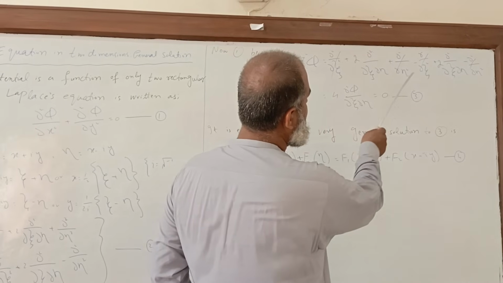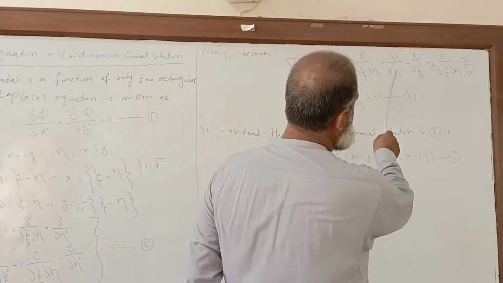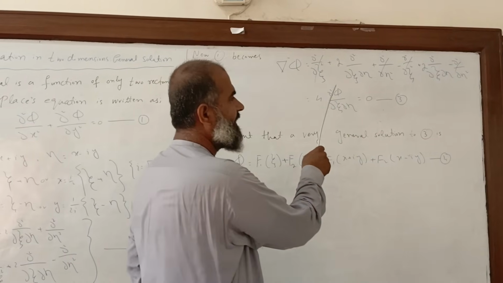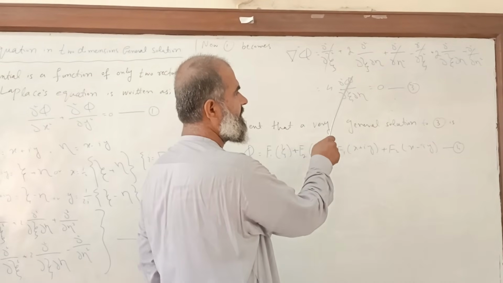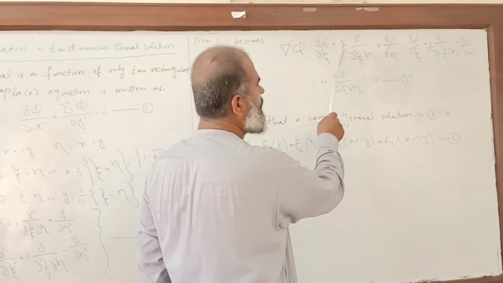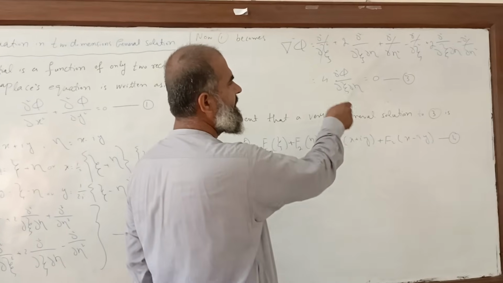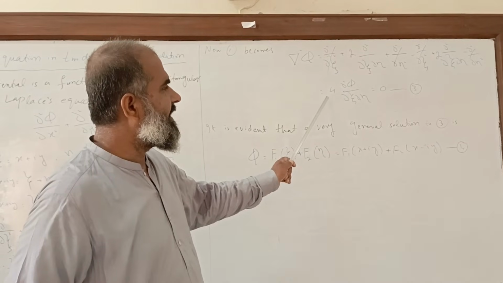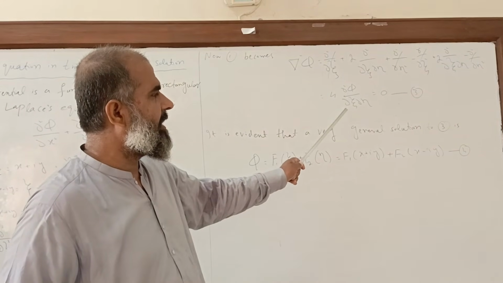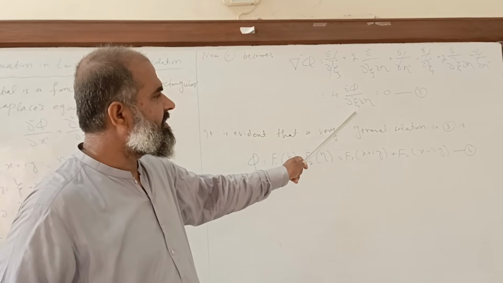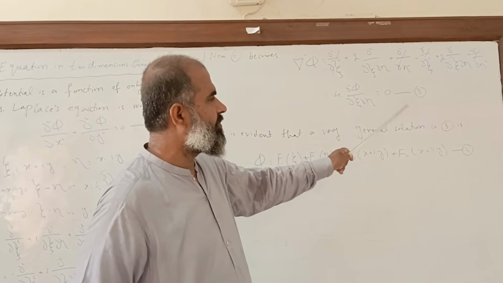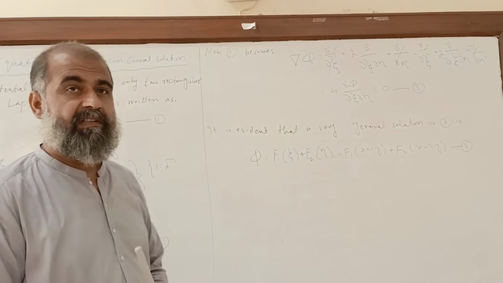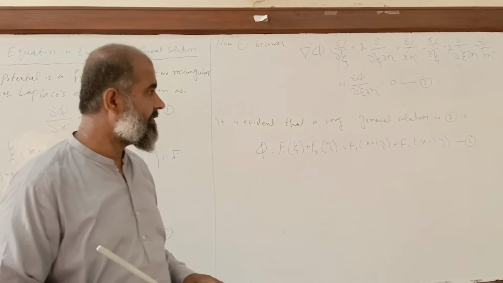Partial zeta square will be cancelled out with partial zeta square, and partial eta square will be cancelled out with partial eta square. The two terms will be left: 2 into partial square by partial eta partial zeta. And we will sum these two. We will get 4 partial square phi by partial zeta partial eta is equal to 0, because it is equal to 0 with the Laplace equation, del square phi is equal to 0.